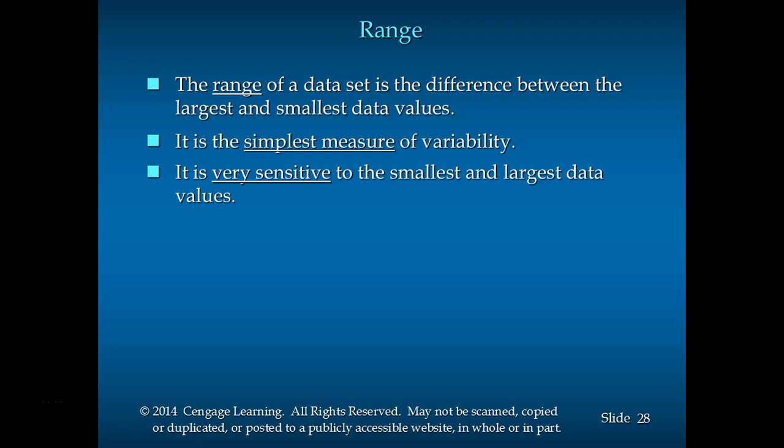If I get the cheapest rent and the most expensive rent, and there is a $200 difference between them, this is my measure of variability in the data.